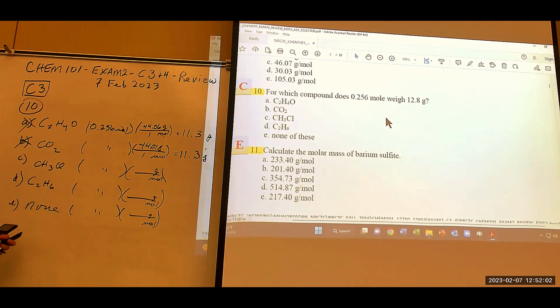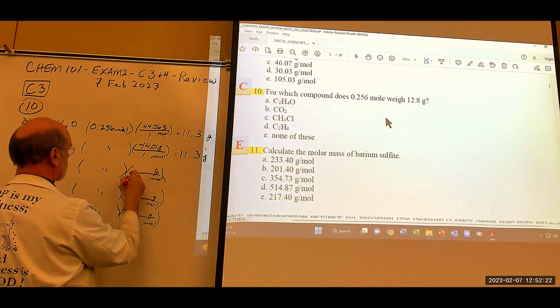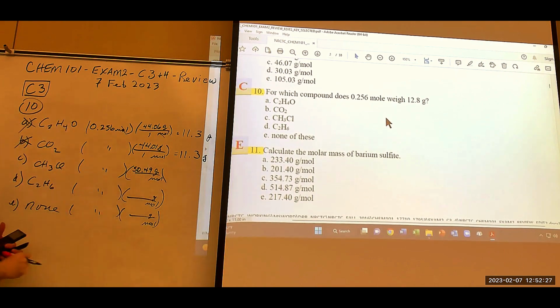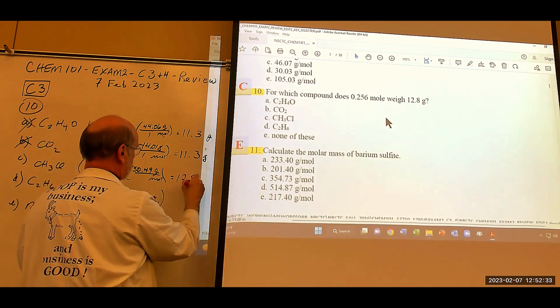But this one, 12.01 for carbon, 3.03 for the hydrogens, and what's chlorine? 35.45. So that's 50.49, times 0.256 is 12.9. Close, not it.